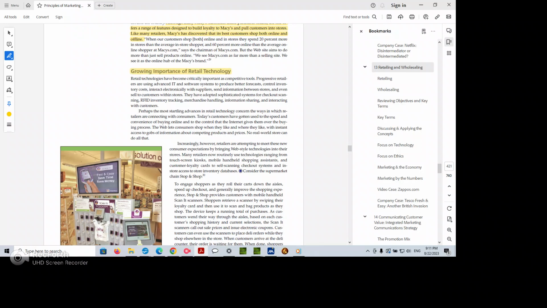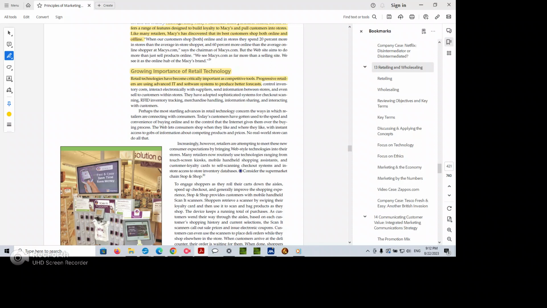Growing importance of retail technology. Retail technologies have become critically important and competitive tools. Progressive retailers are using advanced IT and software systems to produce better forecasts, control inventory costs, interact electronically with suppliers and share information between stores, and even sell to customers within stores.